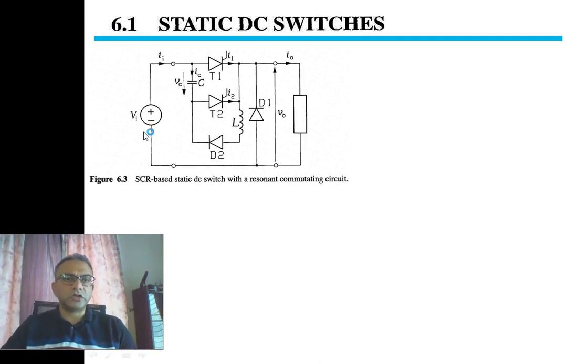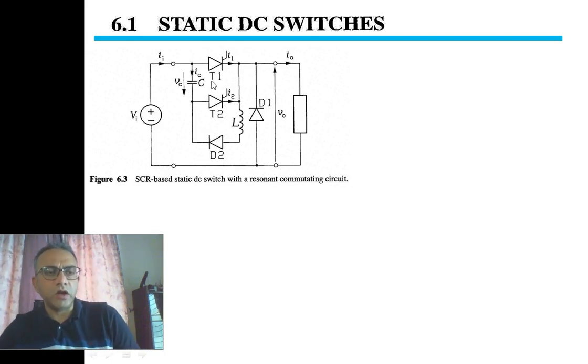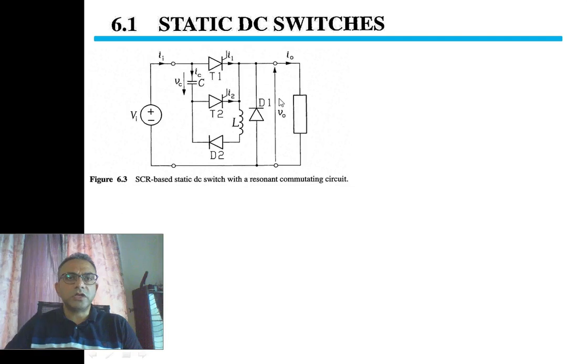The circuit consists of input voltage Vi, main thyristor T1, freewheeling diode D1, load, and then the force commutating turn off circuitry consisting of capacitor C, thyristor T2, inductance L, and reverse connected diode D2.